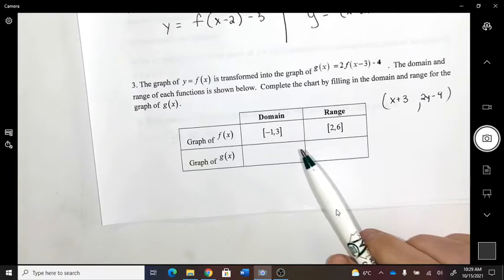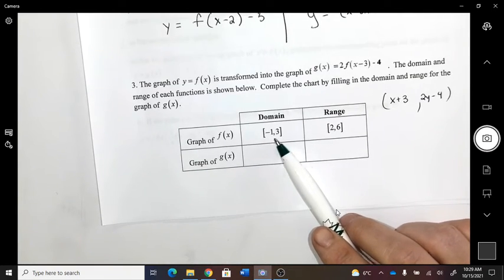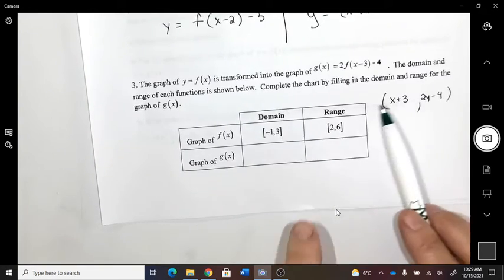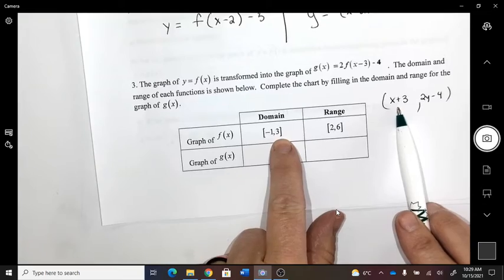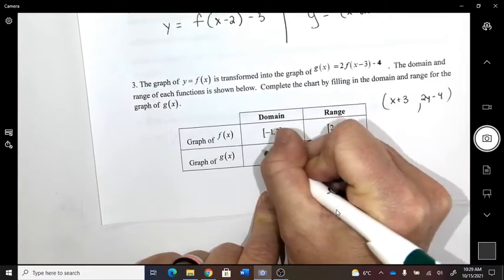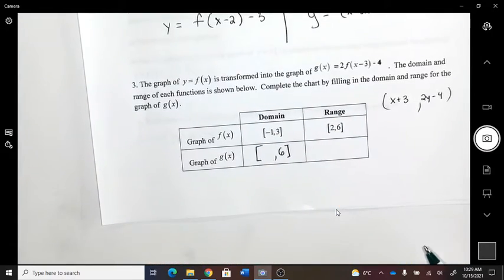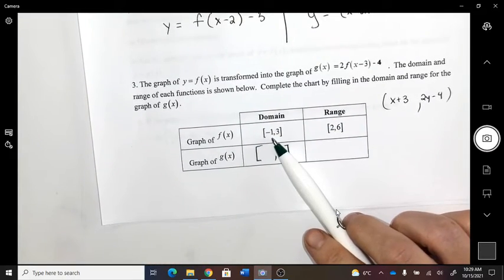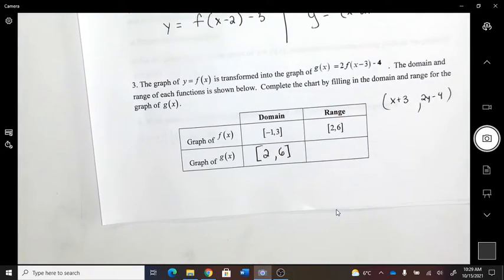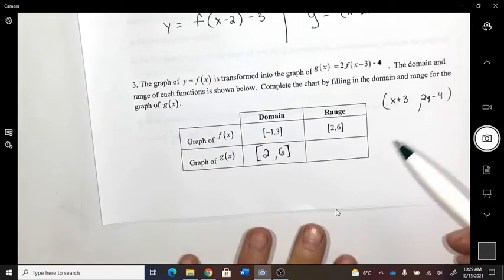Okay, so the domain. If before the farthest right was 3, now the farthest right is going to be 6. Before the farthest left was -1. Can you move that right 3? Okay, the range.